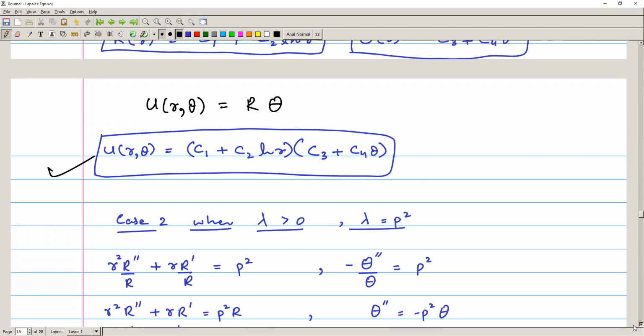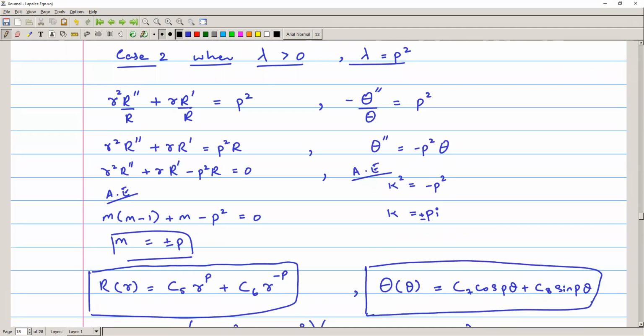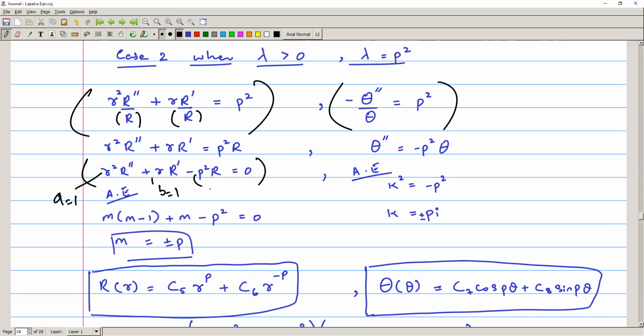And for case 2, that is when lambda is equal to p squared, we have the solution in this form. Again, we have a Cauchy-Euler equation here: r squared R'' over R plus r R' over R is equal to p squared. This R we can move to the right-hand side, then we will get this equation. Again, this is a Cauchy-Euler equation with coefficient a equal to 1, b equal to 1, and c equal to minus p squared.